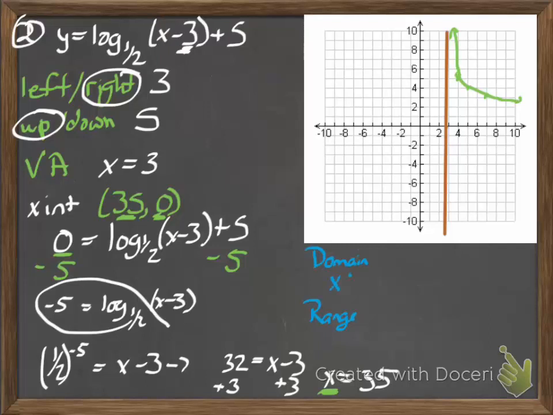So x is greater than 3. Yes. And our range, are we eventually going to cover all the y's? If you keep scrolling to the right, it's going to eventually, very slowly, crawl down into the negative y's. If you get a big enough x in, it will go down into the negatives. So this will be all reals.